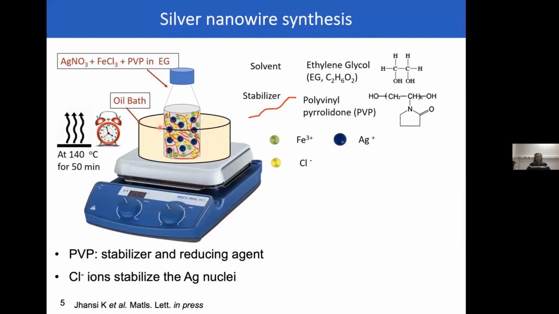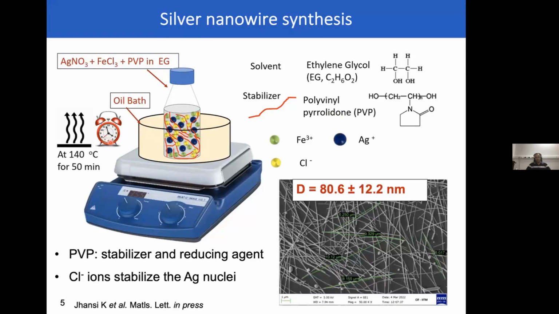Typically, this is done in an oil bath, which helps to regulate the temperature, and by this process you would get silver nanowires. We started off with this work, and initially we were able to produce wires of around 80 nanometers in diameter, with lengths of around 8 to 10 microns. So you're looking at an aspect ratio of maybe 100.